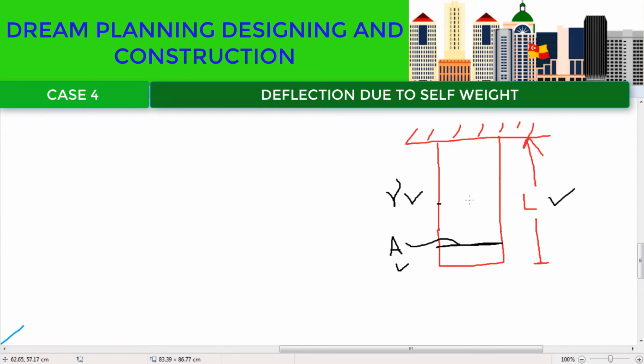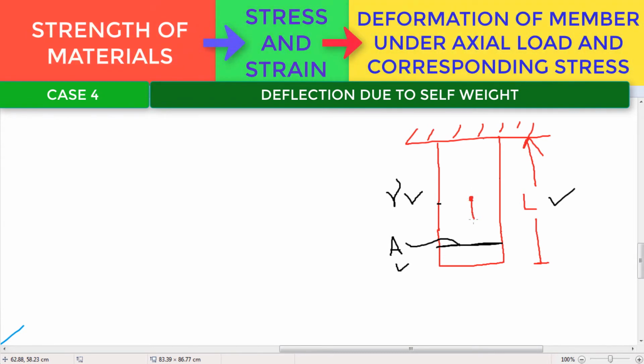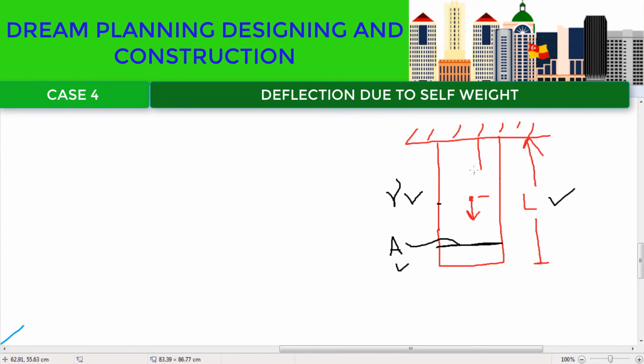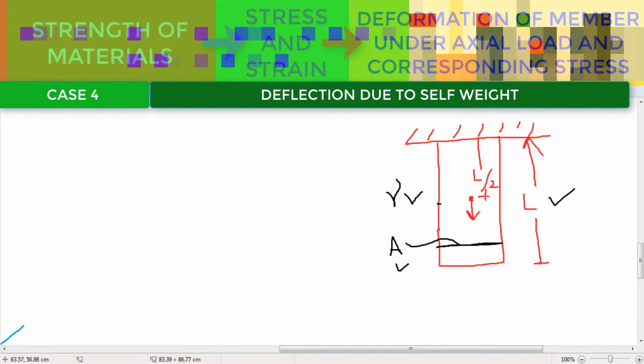For this case the total weight acts from the CG, since it is a symmetrical body, and the CG distance from the base is L by 2, that means half of the length.